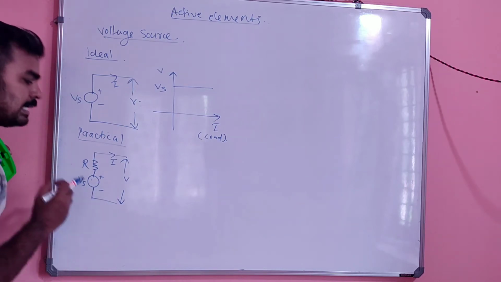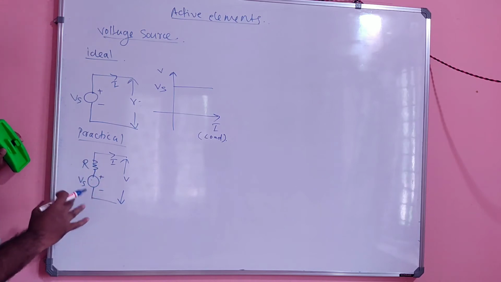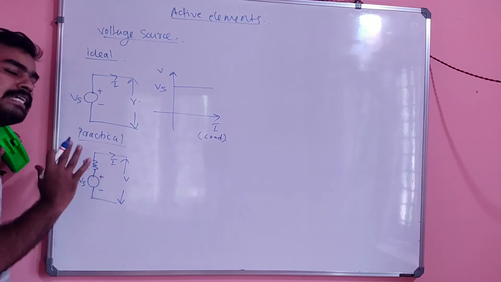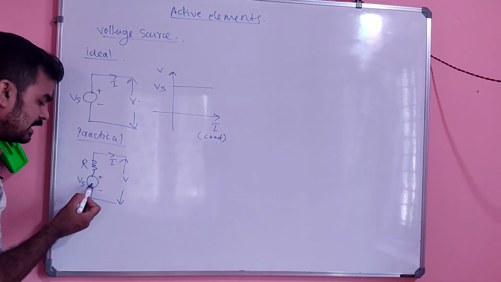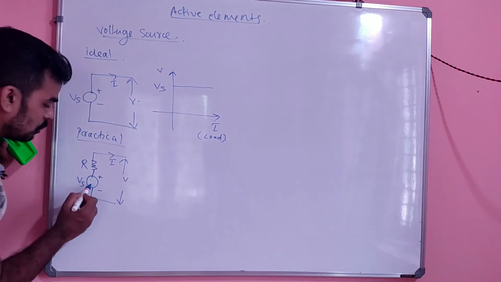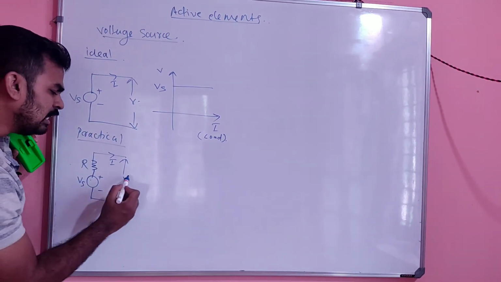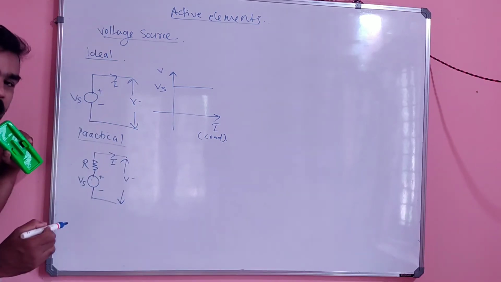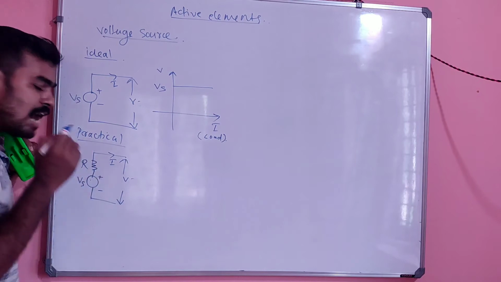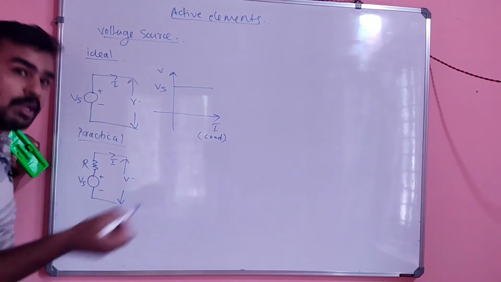A practical voltage source means a voltage source in which there is an internal resistance. It can be represented by a voltage source in series with a resistor R, so the terminal voltage V is not always constant, not for all the time or for all loads.